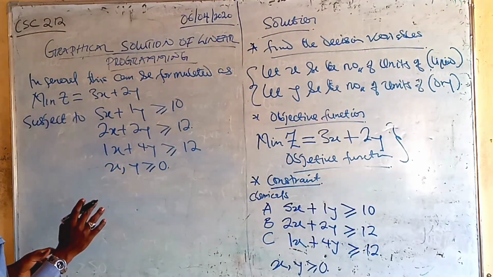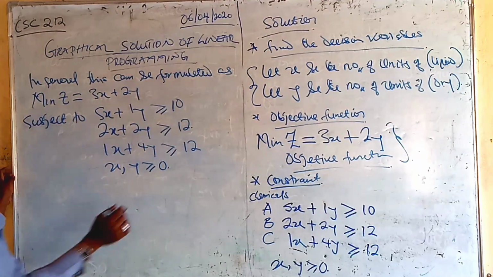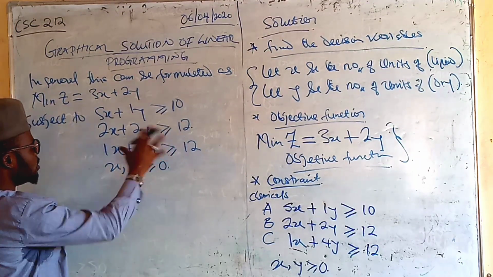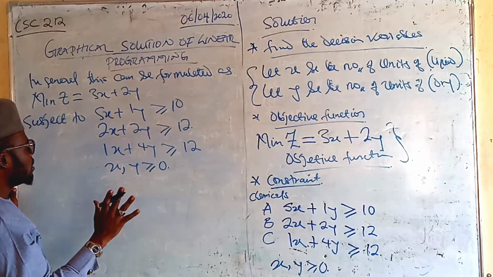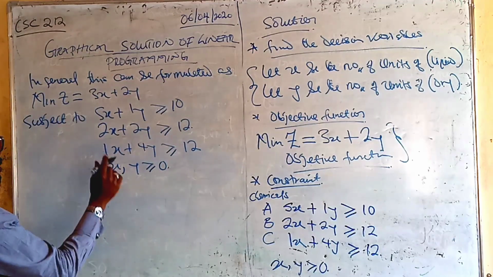So, the next thing we should do, remember this is called an inequality equation. So, we are going to make it to be in standard form, that is a real equation.